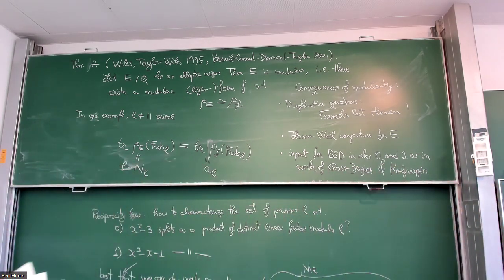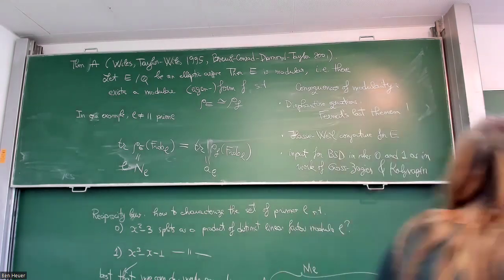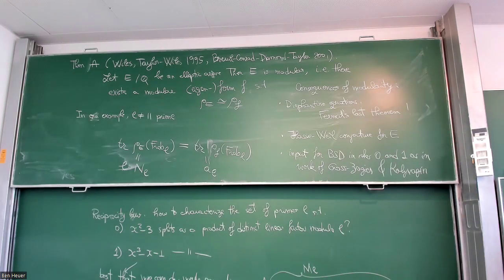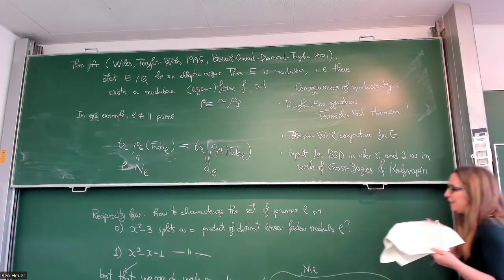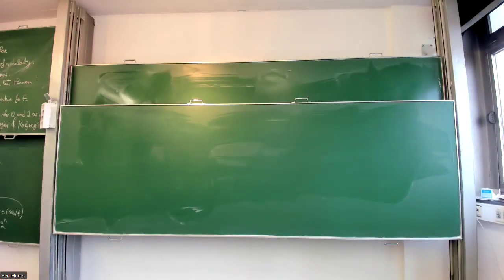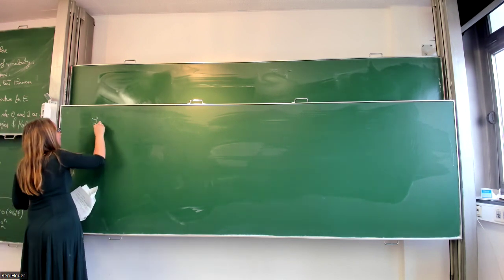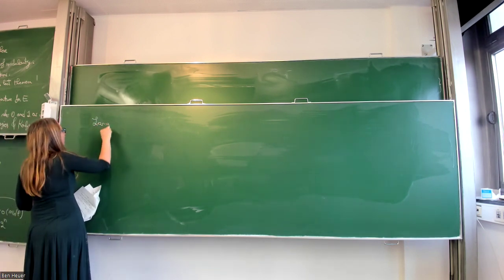And so one thing that I said was that modularity of elliptic curves is an instance of the Langlands correspondence. Namely, I can tell you it's an instance of the correspondence for the group GL2 over the rational numbers. And well, there are many, many conjectural correspondences.